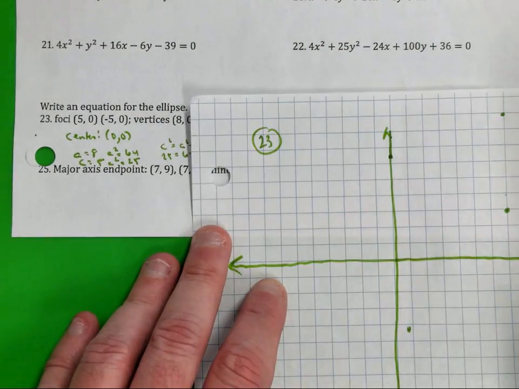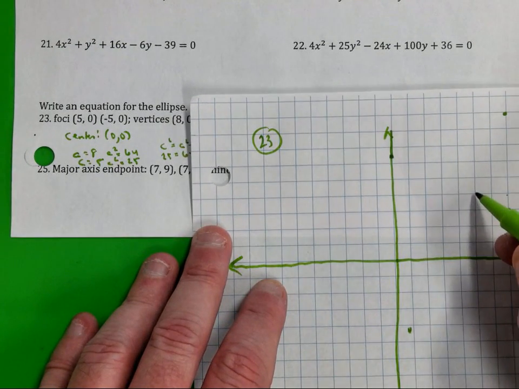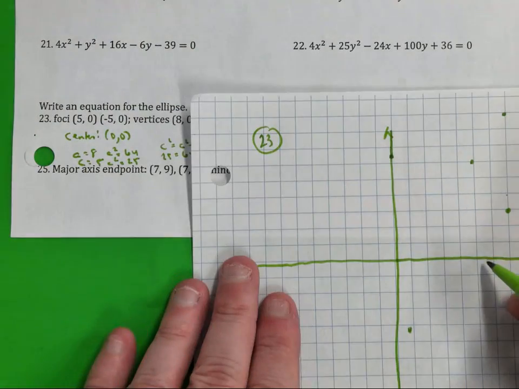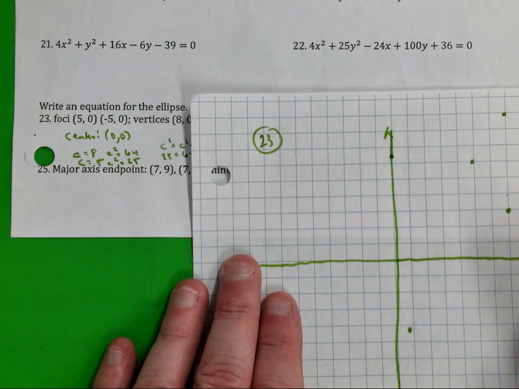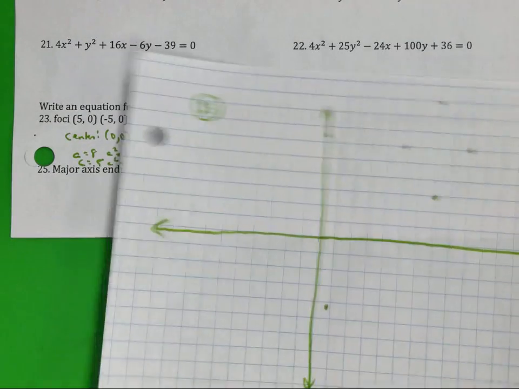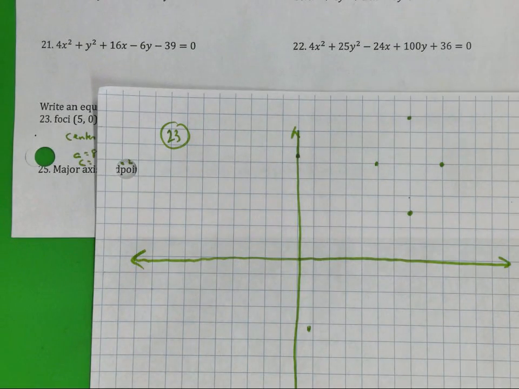Minor is 5, 6 and 9, 6. I look at that, and can you tell the center's right there for that ellipse?